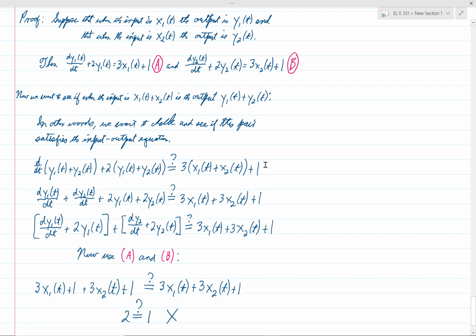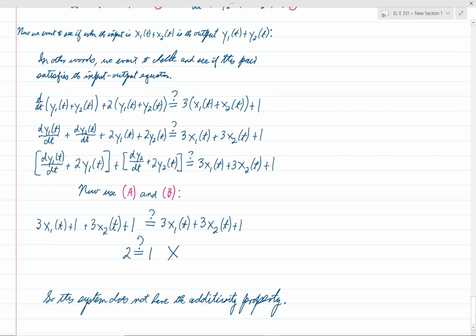And then, as usual, use these equations A and B. So this term dy1 dt plus 2y1, according to A, that's 3x1 of t plus 1. And similarly, the term dy2 dt plus 2y2 is, according to equation B, 3x2 plus 1. So that's where I get this. And then on the right-hand side, I just bring down what we have.